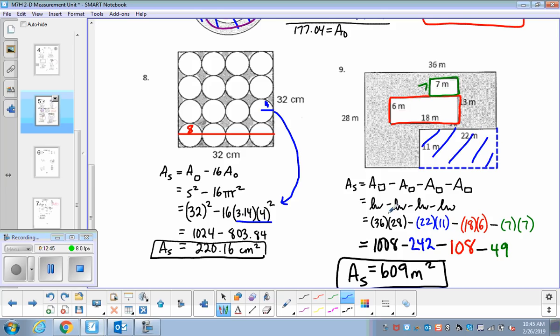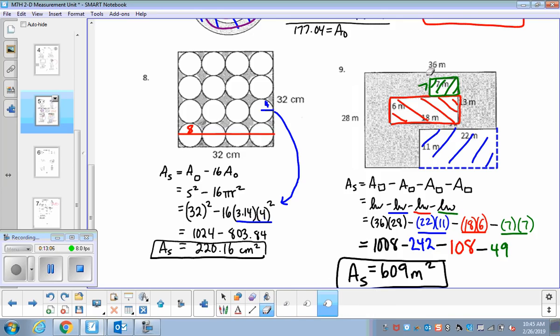That's going to come away right here. Then we're going to subtract this 18 by 6, which is the red, and that's going to get subtracted right here. The last thing we're going to do is remove this green part, which happens to be a 7 by 7, and it'll get subtracted last.